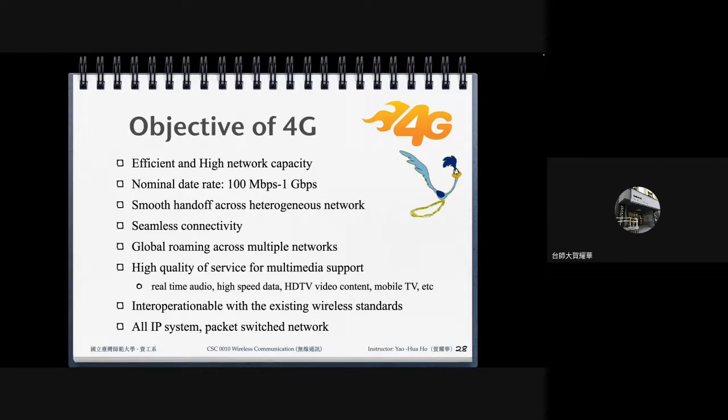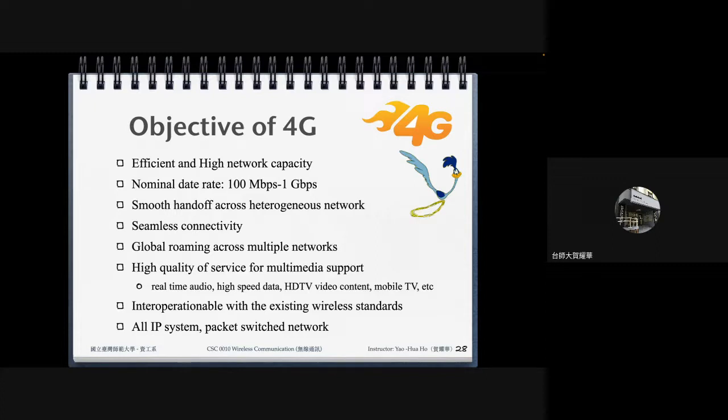It also has global roaming across multiple networks. Okay, means now I can connect, for example, from my home network, when I go outside to the cellular network, go to school, can reconnect back to the Wi-Fi network, like at home. Okay, so global roaming across multiple networks is available on fourth generation cellular devices.